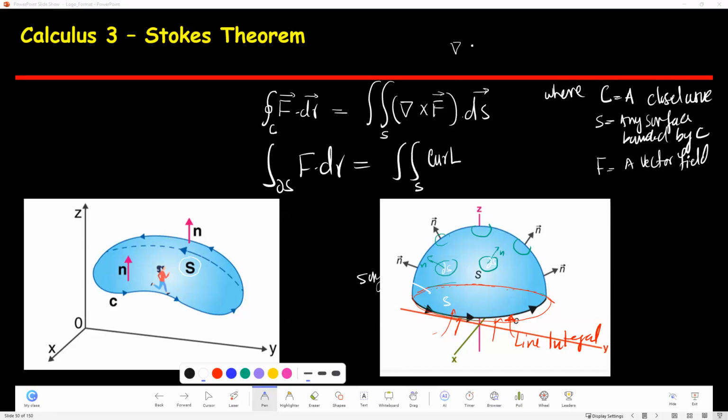Remember earlier we used del dot F for the divergence theorem, and this is divergence, div F. Same thing here is equal to curl. We learned about this curl. So curl F dS. Okay, we can also write this. So let's take a look at problems to understand this phenomenon a little bit better.